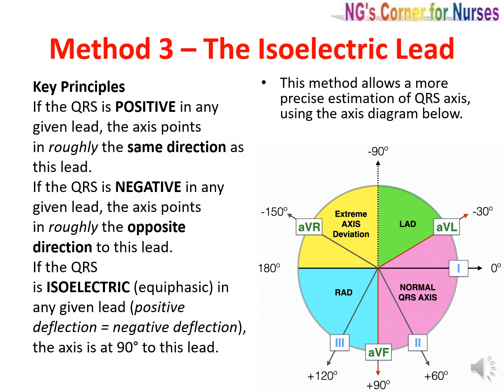And if the QRS is negative in any given lead, the axis point is roughly the opposite direction to this lead. If the QRS is isoelectric, that means equiphasic, then in any given lead, a positive deflection equals a negative deflection, and the axis is at 90 degree to this lead.